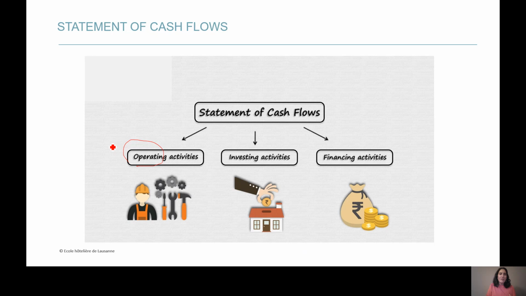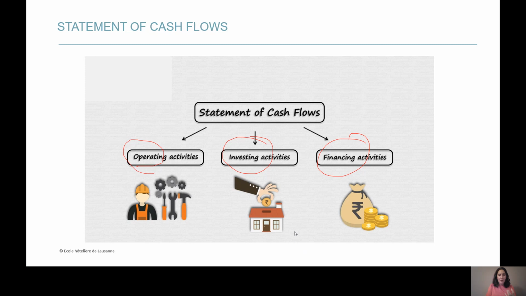Here you have another picture, and I'm going to explain a little bit more about these three sections. Operating activity, O. Investing activities, I. Financing activities, F. So when do you have to include the cash flows in O? The operating activity will include all the transactions related to the operations, what you do for a living, the operations of the business.